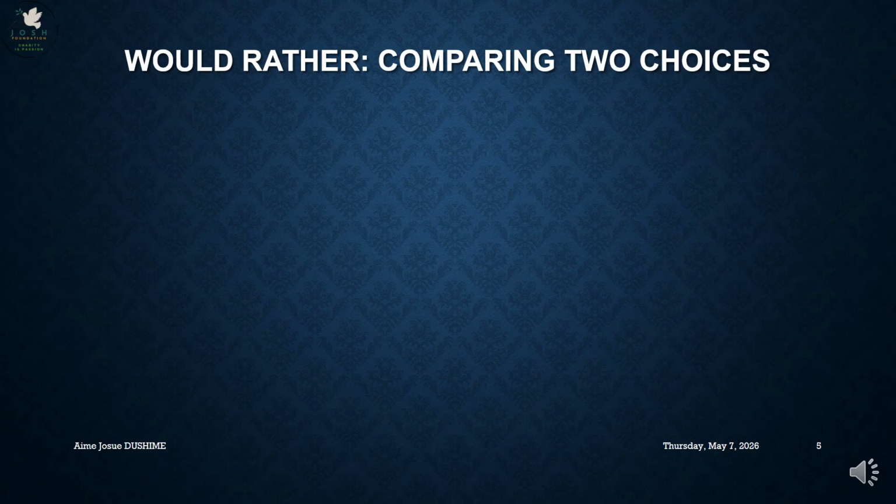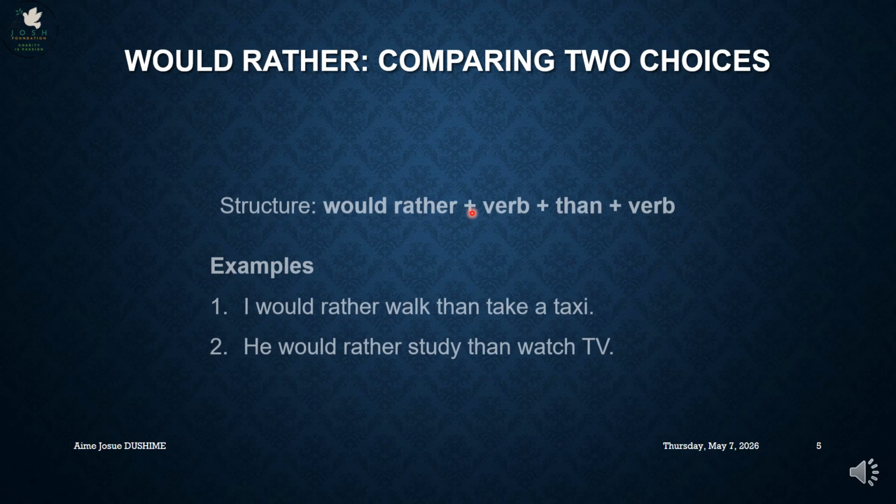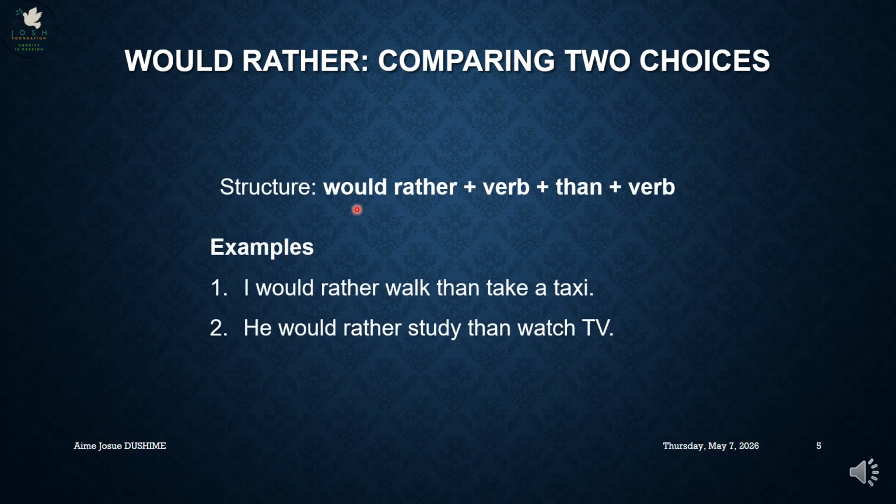Don't be confused. Let's see would rather when we now have two choices. That was would rather with one preference. But how about having two preferences? When you have this A and B. Remember, there is a lesson in A2, if I remember well, where we learned a little bit of it as an introduction.